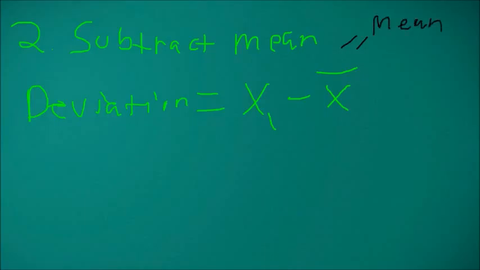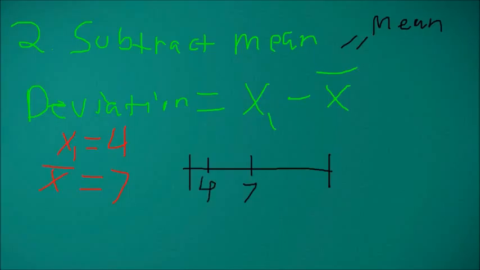For example, if my x1 is equal to 4 and the mean of whatever the data set is 7, if I were to draw these two numbers on a number line, my mean would be in the middle at 7, and my first data point, x1, is a 4.